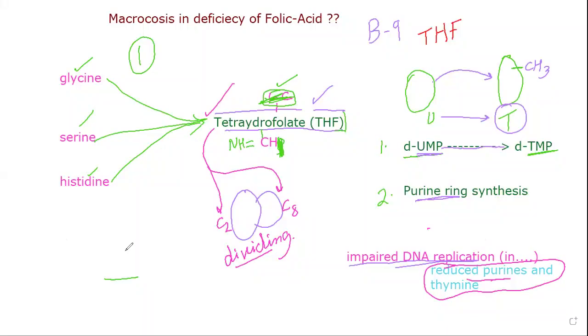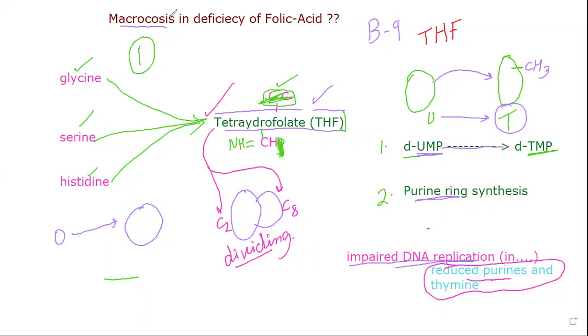I repeat, less will be the replication, rate of replication will fall down, and cell division will be delayed, although cytoplasm keeps growing at a normal rate in the cell cycle. So cytoplasm is growing, cell division is delayed, so there is more time available now. As a result, the RBCs are oversized now. They have become oversized from normal size. And that is what precisely is called macrocytosis.